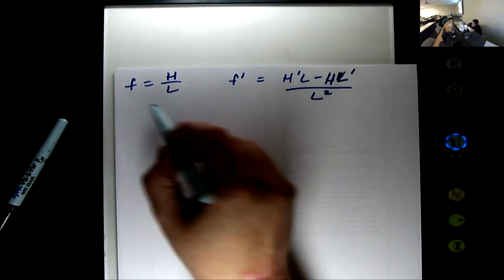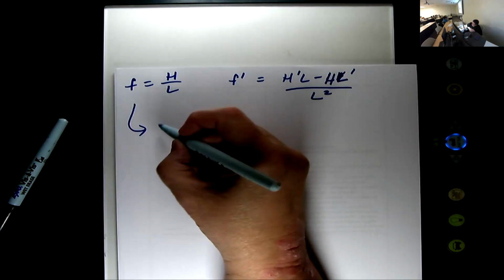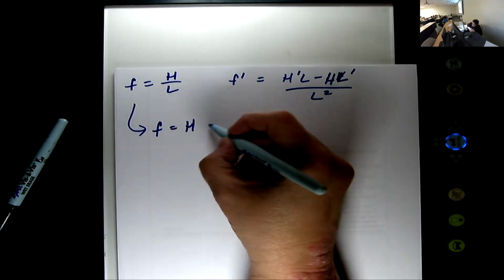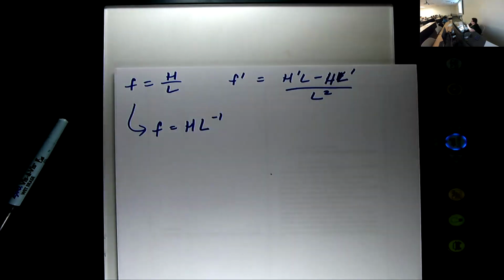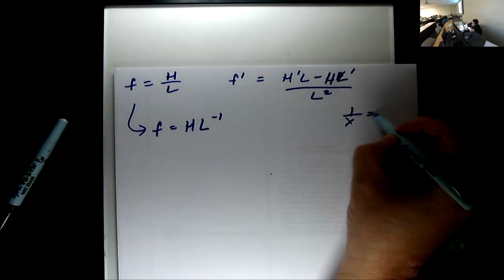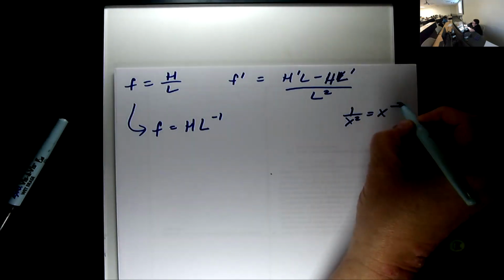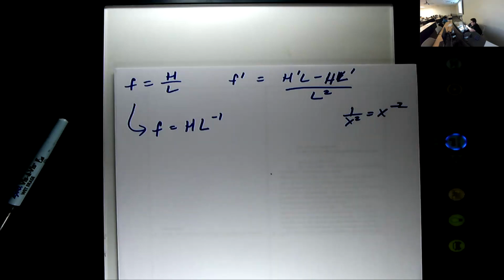Let's check out the general version of this. I'm going to write this as H and then L to the -1. When we move it to the other side of the fraction, we give it a negative exponent. Same thing as 1 over x equals x to the -1, or 1 over x squared is x to the -2. We move to the other side.